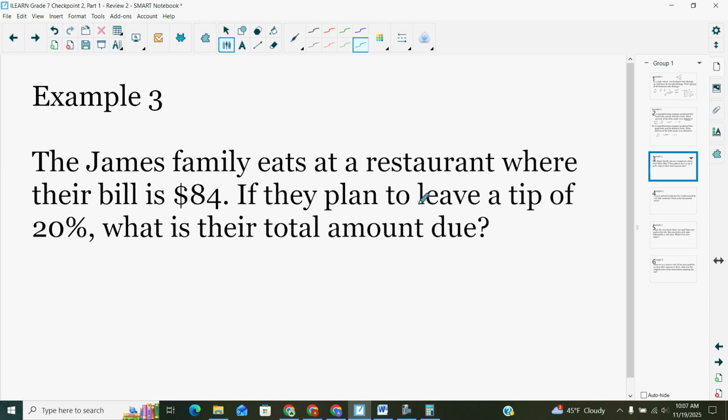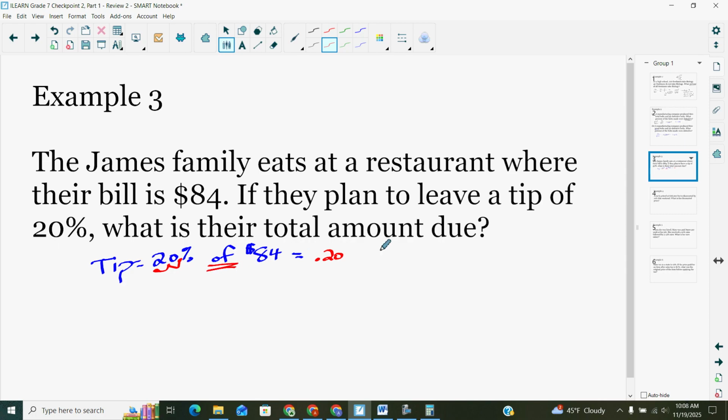So let's think through what this tip is. The tip is going to be 20% of 84, right? The amount that they leave for the tip, they want to leave 20% of 84. Remember we said that when we are taking a percent of a number, first of all, the percent always needs to be a decimal. So we're going to take our decimal point, we're going to move it 2 places to the left. So 0.20.